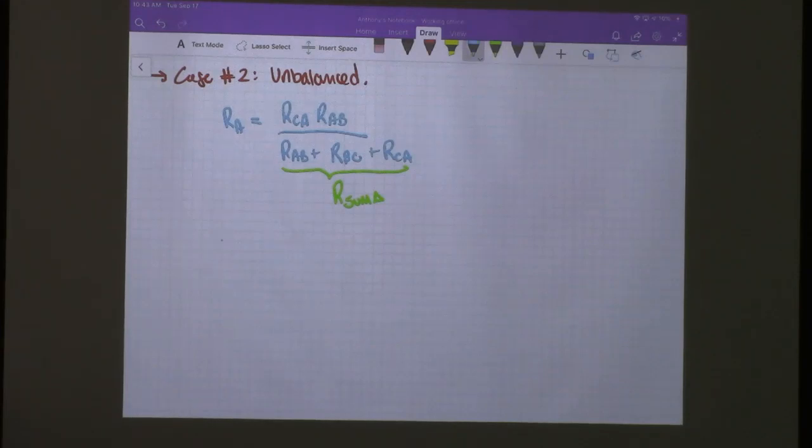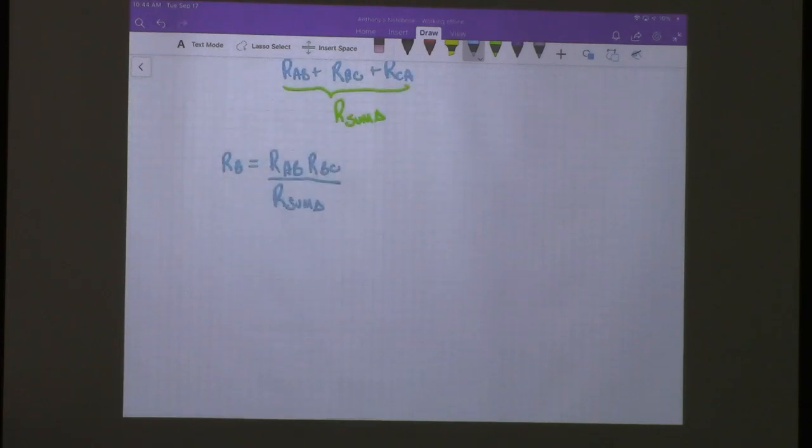Okay, RB is equal to RAB times RBC over R sum delta. RC is equal to RCA times RBC over R sum delta.